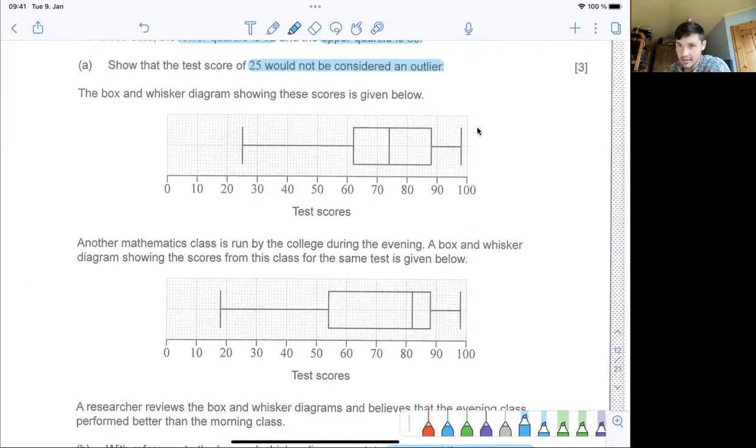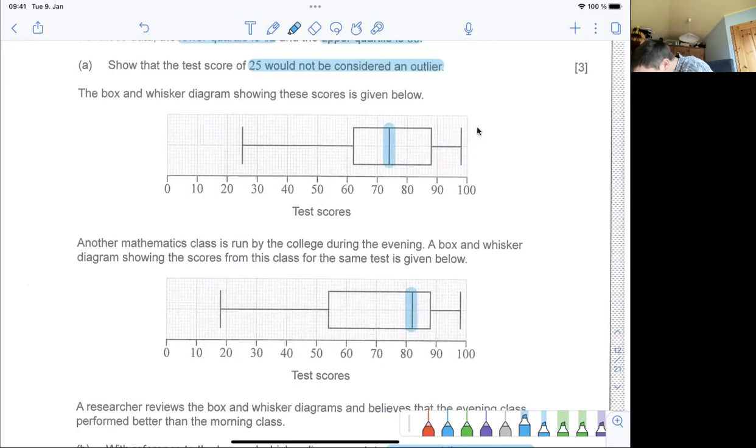The one that jumps out to me anyway is the median mark. The median mark in the evening class is higher than the median mark in the morning class, and so that would be our one aspect that supports his claim. I suppose there would be other things you could point out, but that's the most obvious.